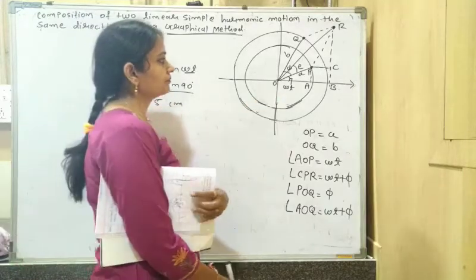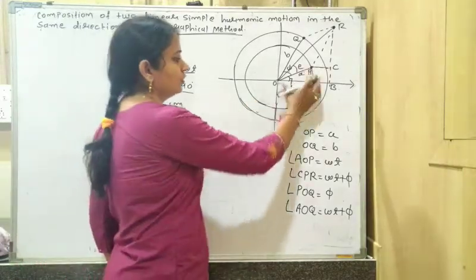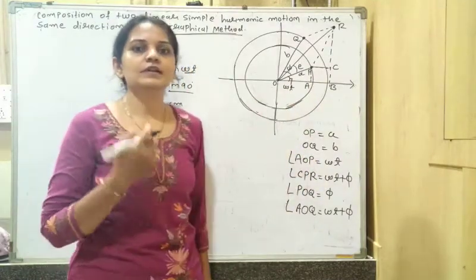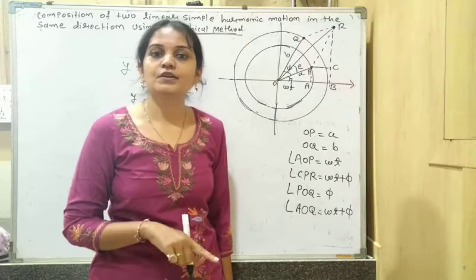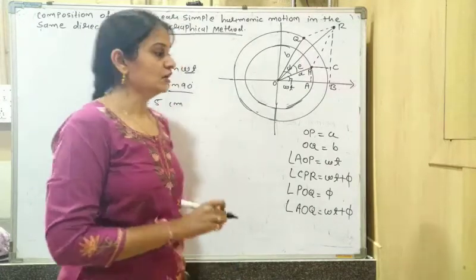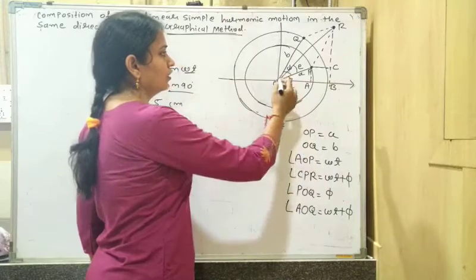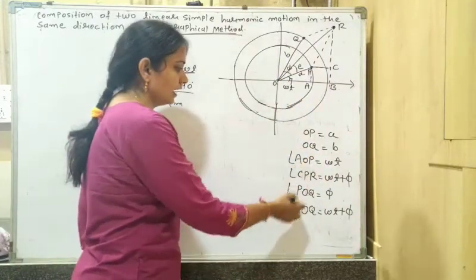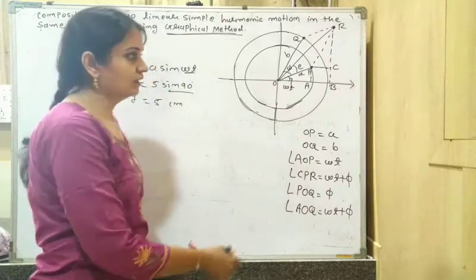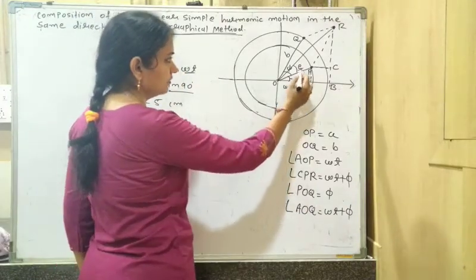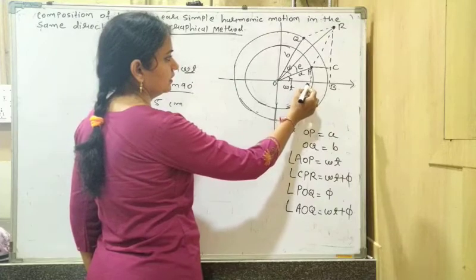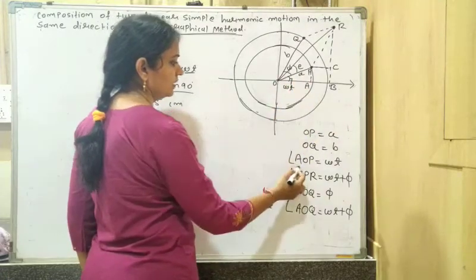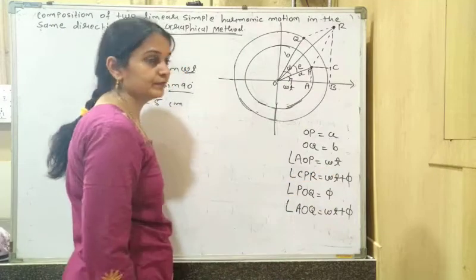Here, first of all, the value of OP is A. A is a kind of radius and also the amplitude of that particle. So OP is A, OQ is B, and I write down all the values of theta here. First, focus on this particular angle AOP. So AOP is omega t.